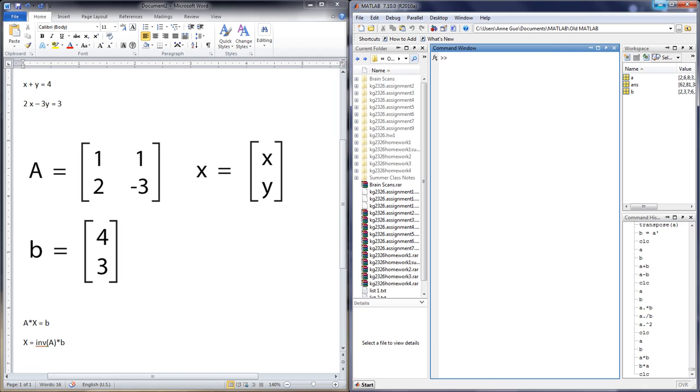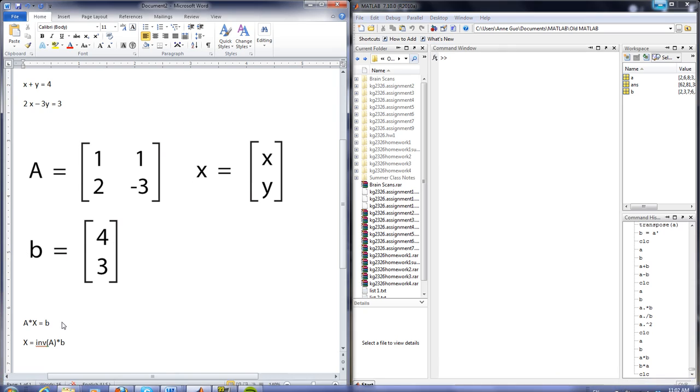In order to solve this problem, we will represent the simultaneous equation using matrices, such that all the coefficients are in matrix A, the unknowns are in matrix X, and the solution is in matrix B, and we'll represent the form using A times X is equal to B.